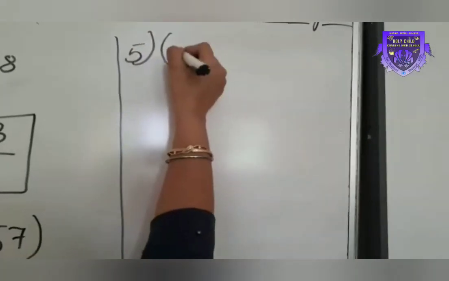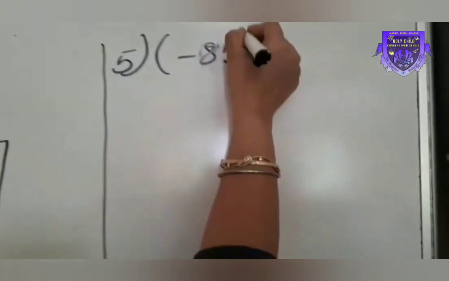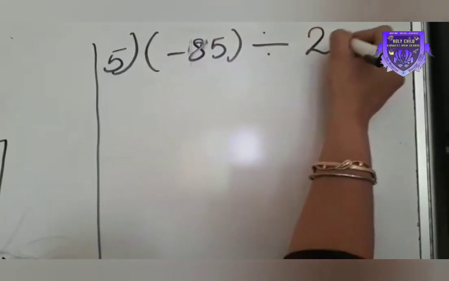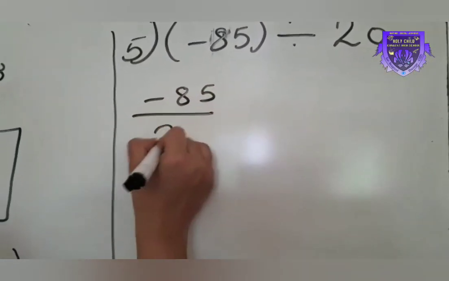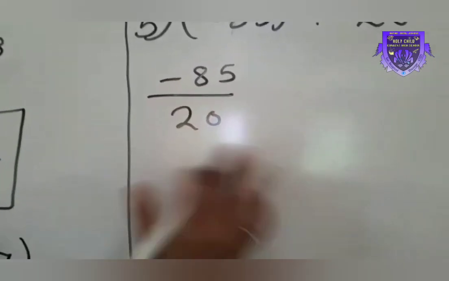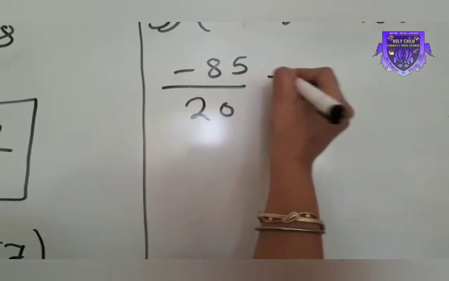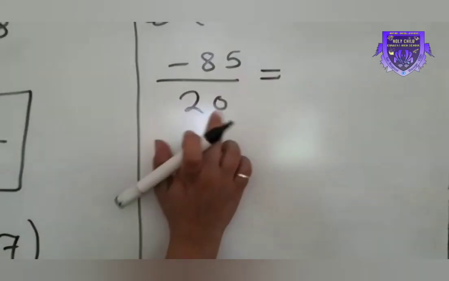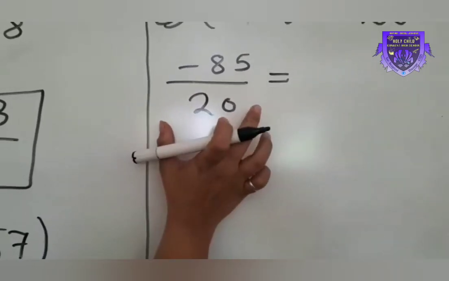Fifth one is negative 85 divided by 20. First we will write in the fraction form. Here we already have a minus sign in the numerator, so we don't have to shift any sign. We will start with the cutting method. 20 and 85, they first come in the table of 5.